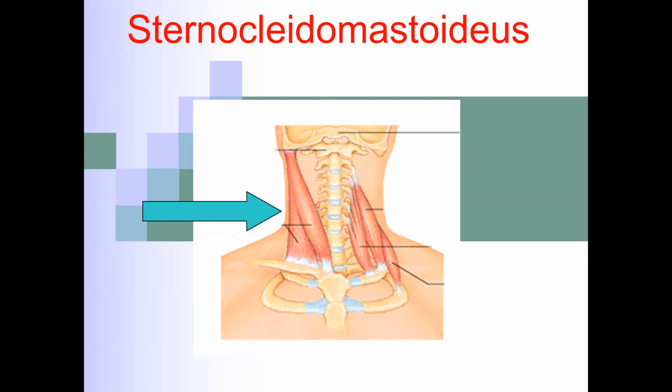Sterno, remember, because it's attached to the sternum, and cleido because it's attached also to the clavicle, and mastoid because it's attached to the mastoid bone, right? So when this one contracts, it pulls on the mastoid bone, which moves the head.